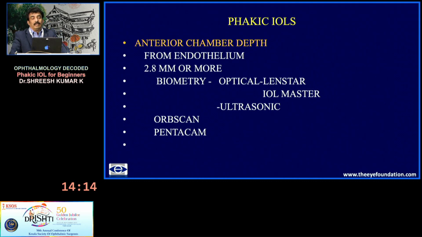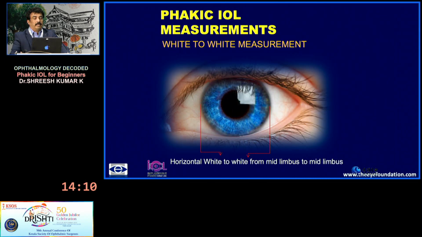It should be more than 2.8 millimeters. And horizontal white to white measurement from mid limbus to mid limbus is extremely important. Measuring white to white distance using a caliper has been proven to be a simple but reliable method. We should make sure that the caliper is well calibrated and you pre-treat the eye with anesthetic drops.